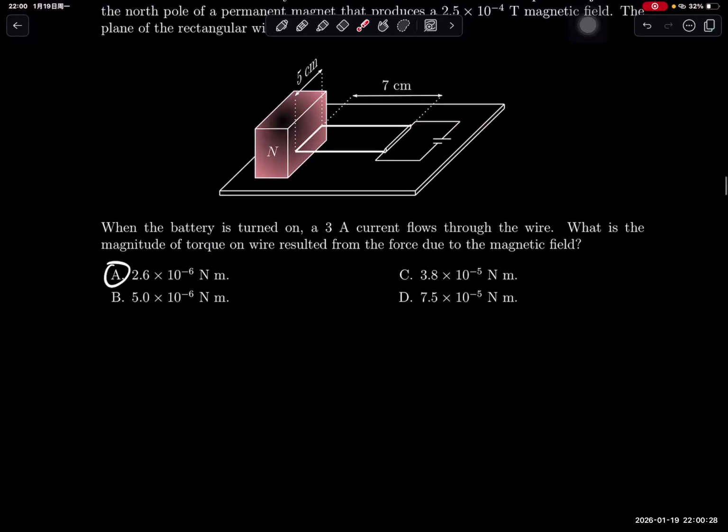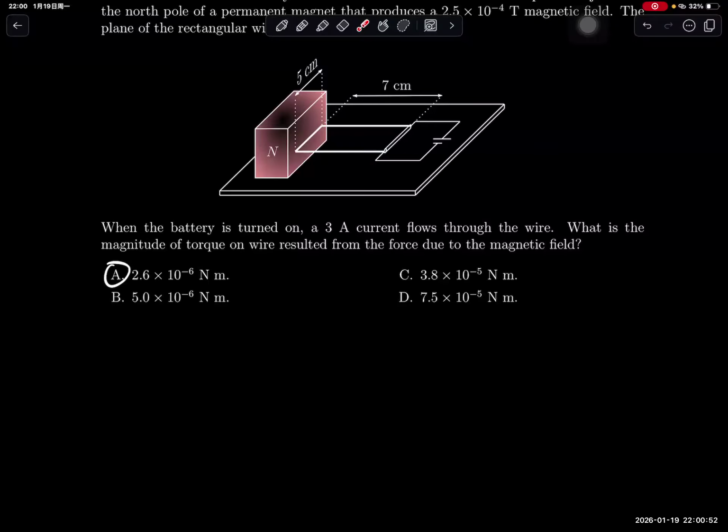Now when the battery is turned on, 3 amps of current flow through the wire. This is my current, it's going to run this way. You can determine that from the length of the terminals here. What is the magnitude of the torque on the wire due to the force from the magnetic field?